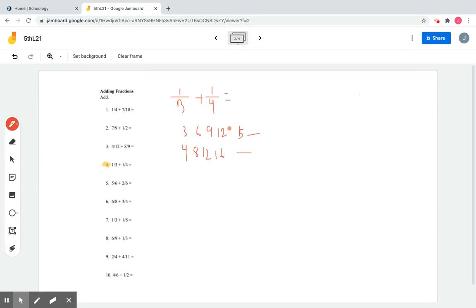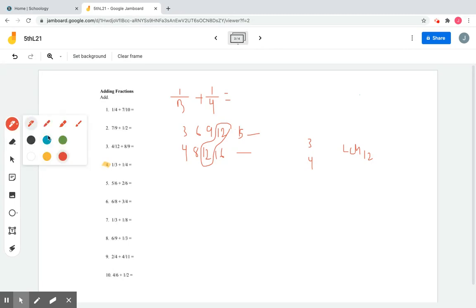So we can see that the least common multiple is 12 here. So we should make the denominators 12.